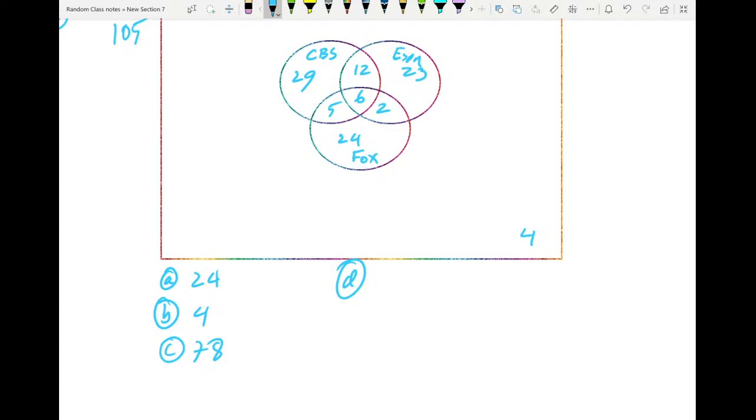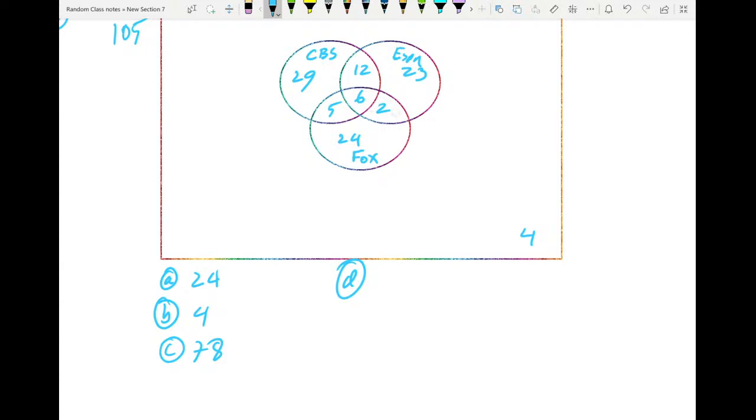And D, how many of these sports fans read ESPN and Fox but not CBS? So we're talking about they read both of them. So we're talking about this region, but does not read CBS Sports.